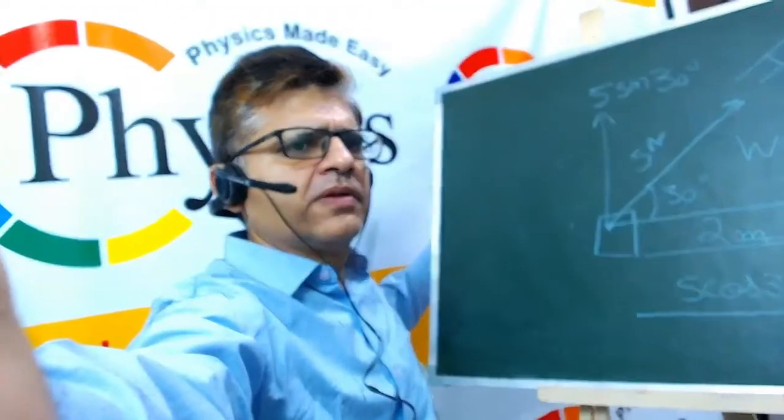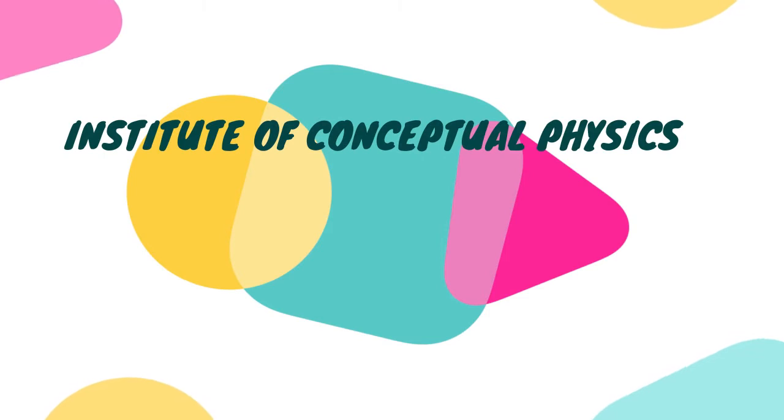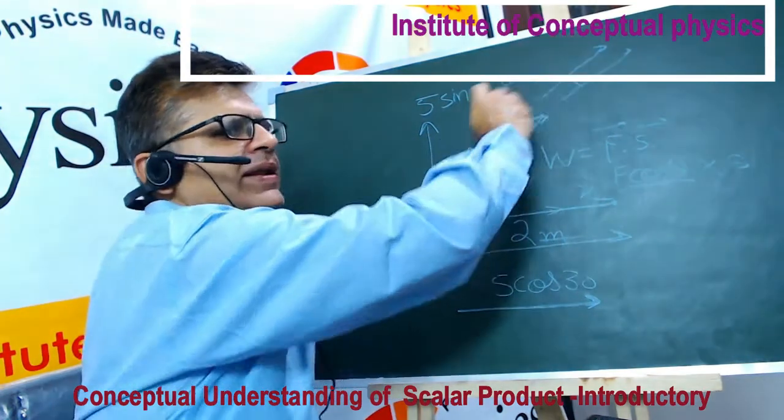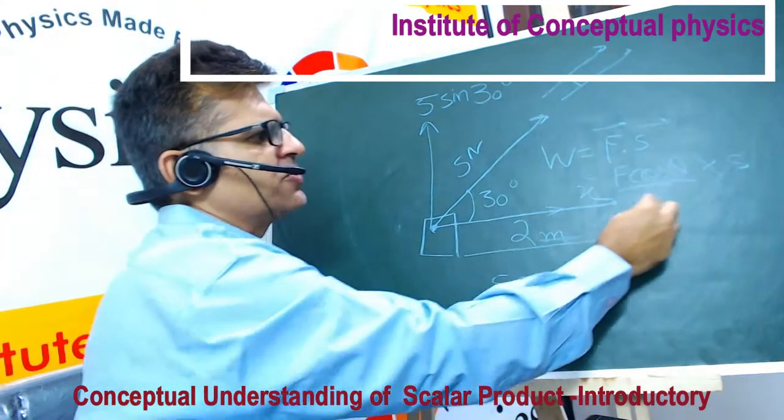So F cos theta is the horizontal component. The displacement is also horizontal. And this could be applied in any direction whatsoever.